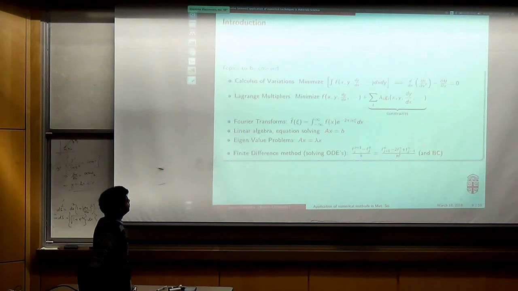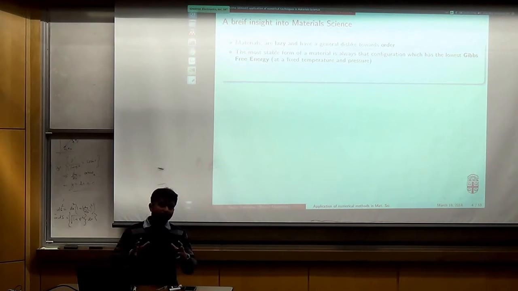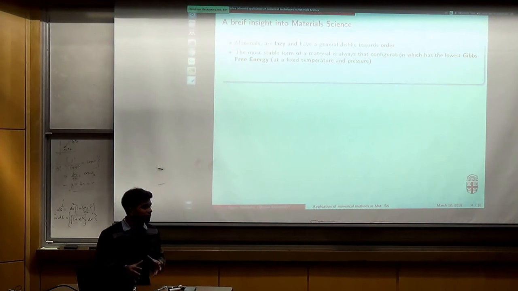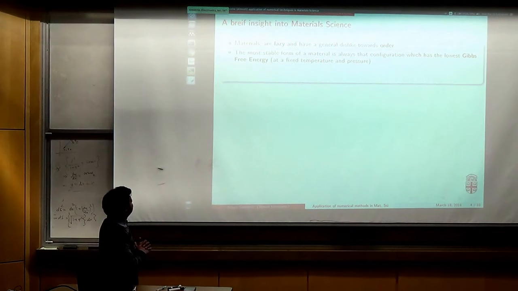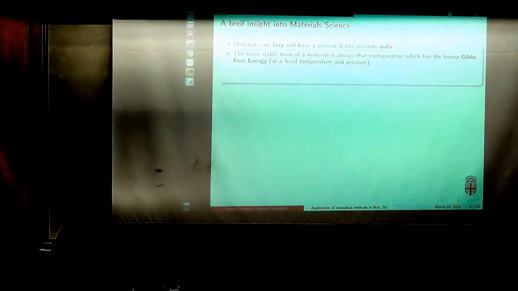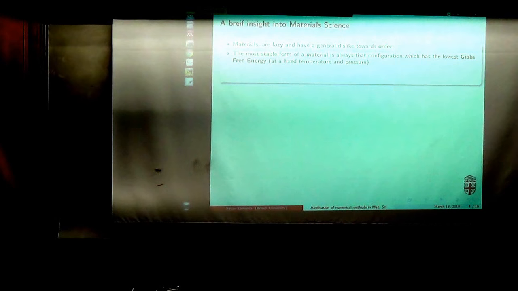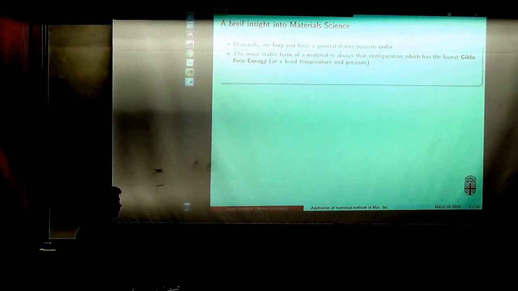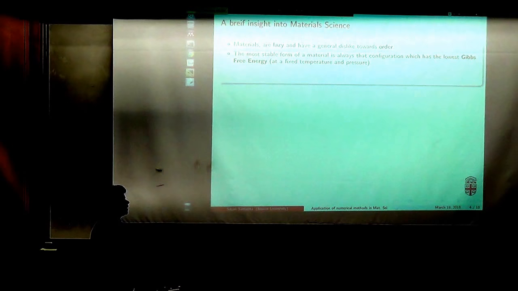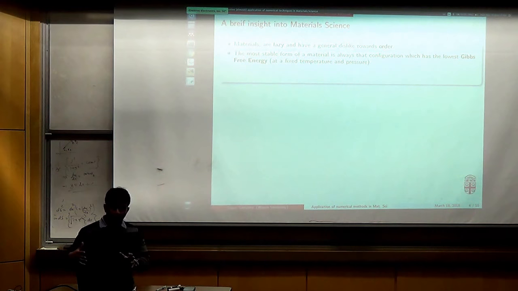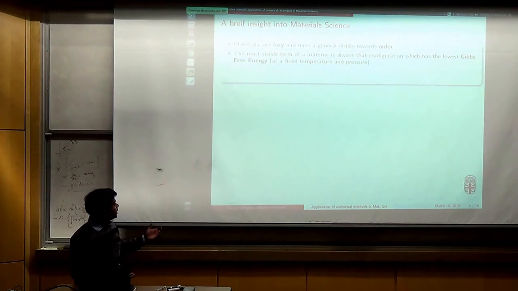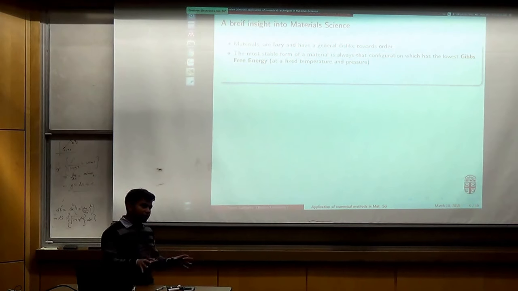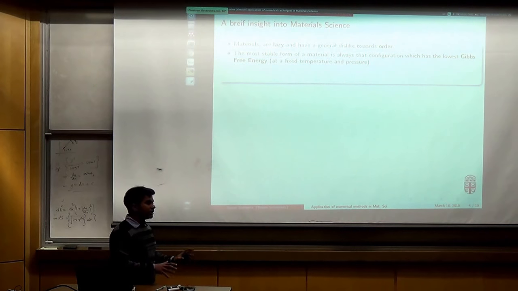So now we are going into the very particular problem which we are trying to solve using all these techniques that I mentioned. Before that, a brief insight into what material science does: if you have taken any course in general thermodynamics, you would know that at the end of the day, the most stable form of any physical thing that you see in the world is so because that particular configuration has the minimum energy.